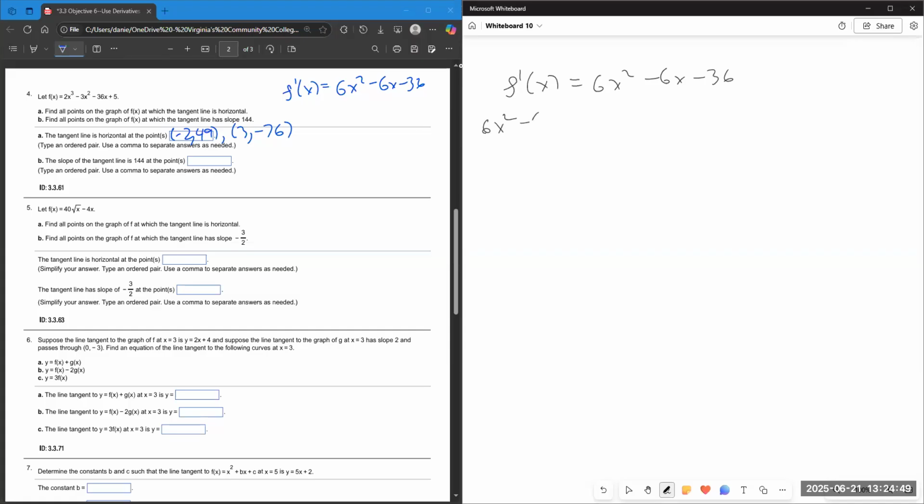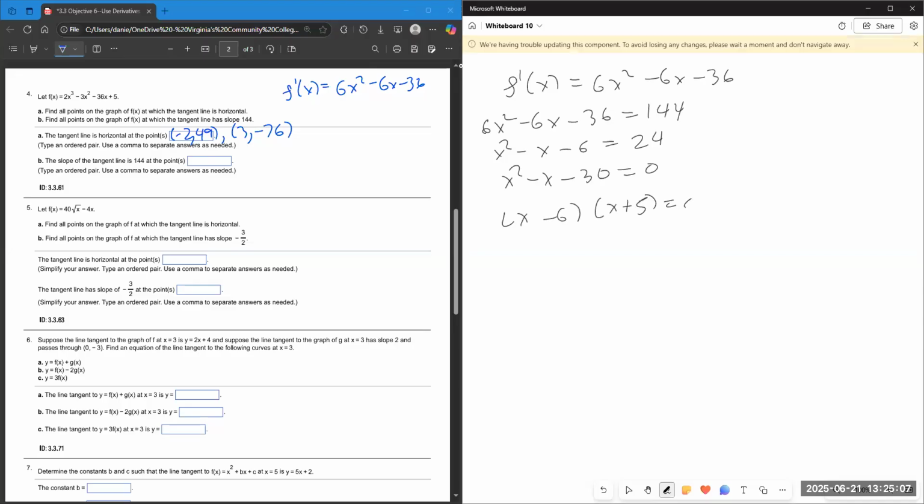So 6x squared minus 6x minus 36 equals 144. Everything's still divisible by 6. x squared minus x minus 30 is 0. (x minus 6)(x plus 5). x equals -5 or x equals 6.